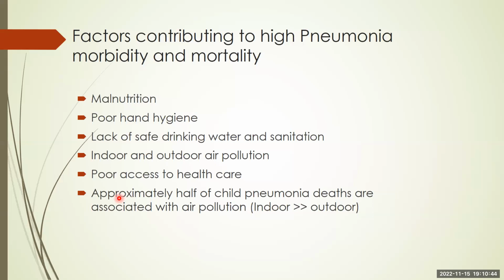The indoor sources include cigarette smoking, combustion of fuels like charcoal and wood, and the outdoor sources can be due to industrial processes like mining, combustion of fuel like charcoal and coal. Poor access to healthcare also contributes to high morbidity and mortality due to pneumonia.